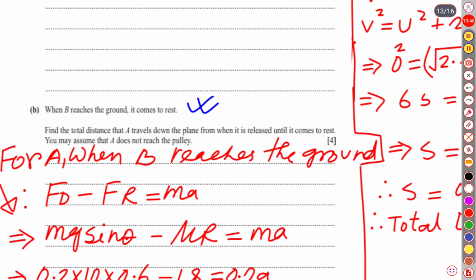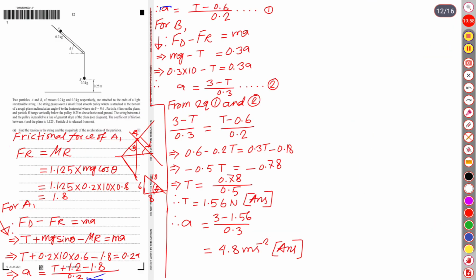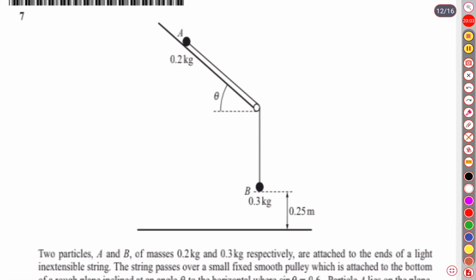You may assume that A does not reach the pulley. So let's analyze the question again. If they told us when B reaches the ground, look, this is the ground. When B reaches the ground, B must travel this distance, isn't it?